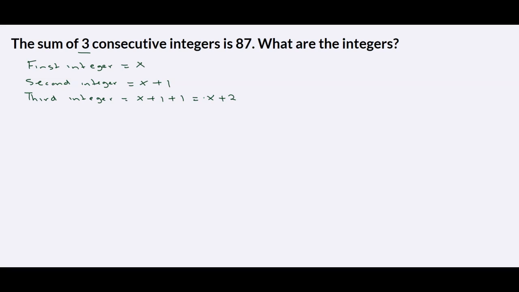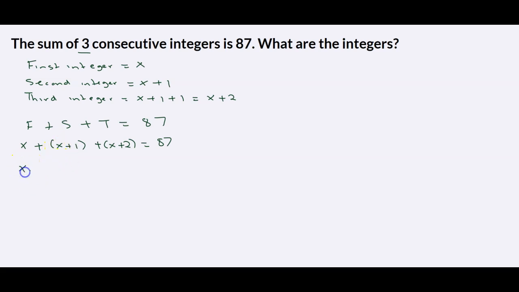Now we have assigned variables to each of these integers, and we know that the sum of these three integers is 87. So first integer plus second integer plus third integer equals 87. Now we replace those with their variable representations: x plus (x plus 1) plus (x plus 2) equals 87. Let's remove the parentheses by distributing 1 into the parentheses, because there's no value in front of them, so we can safely assume that it's 1.